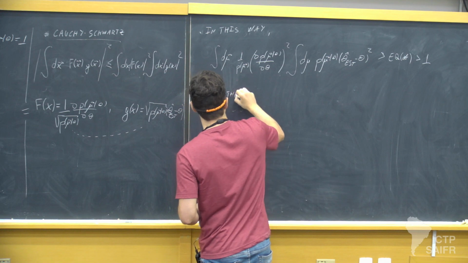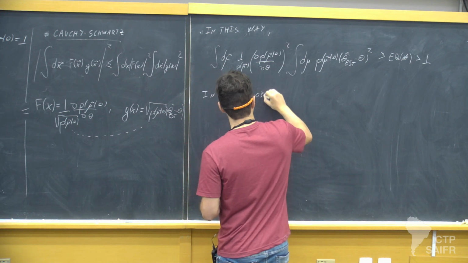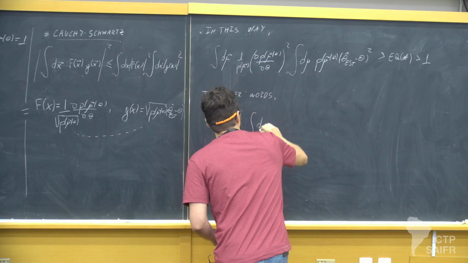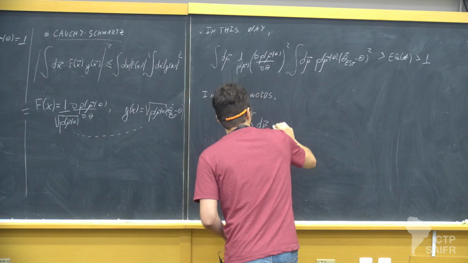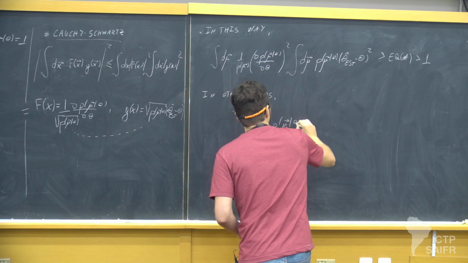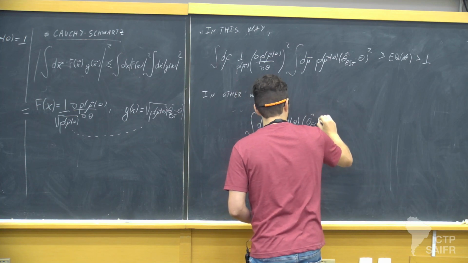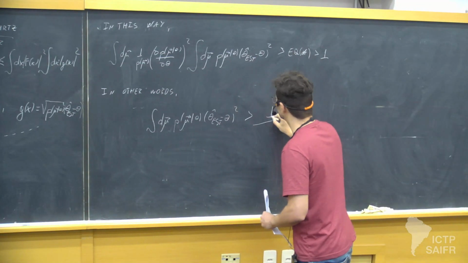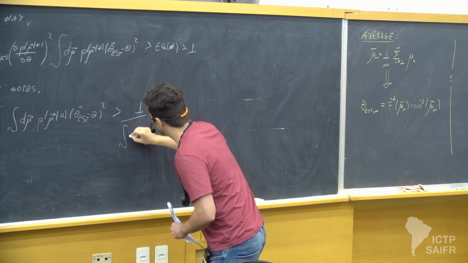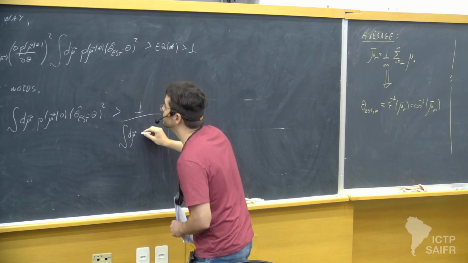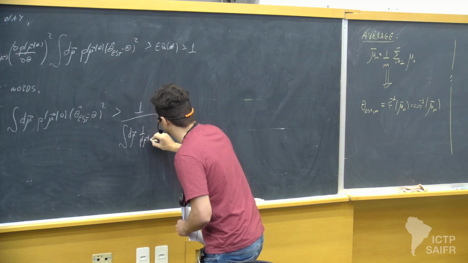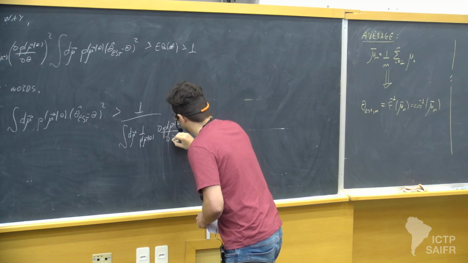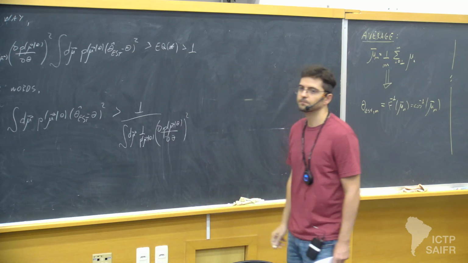In other words, we can leave this part on the left, that is the integral over all of my space of measurements, probabilities given theta, how far we are, and it is always going to be larger than 1 divided by all of this weird function here, the integral over my measurement outcomes of 1 over p, times the derivative of p with respect to theta, squared, okay?